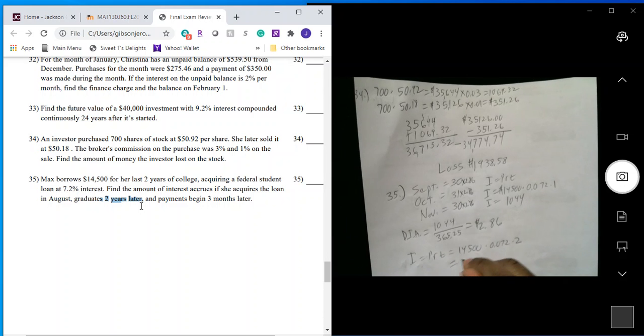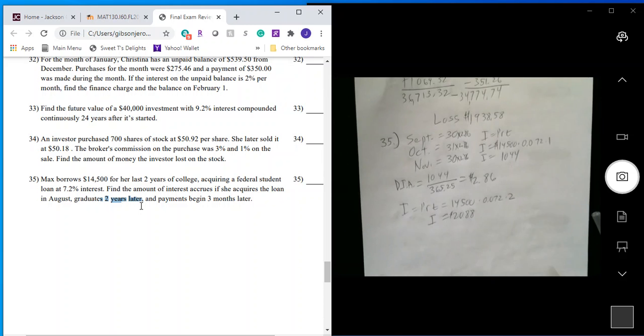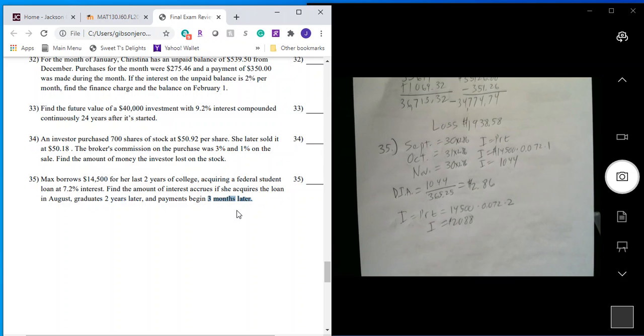That'll give us $2,088. That's how much interest would accrue on the loan over the 2 years. But remember, 3 months later, we pay. So we've got the 2 years plus the 3 months.